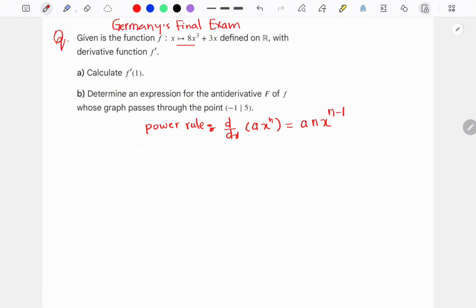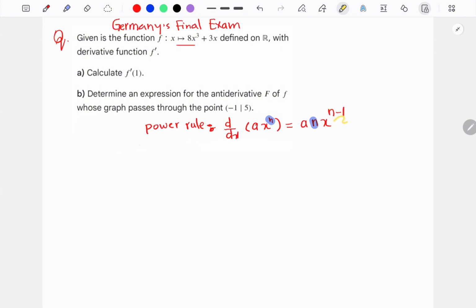So what happened here? You can see the power is dropped and is multiplied with the coefficient which is already given. So a is the coefficient of x here. So the power here is multiplied with the coefficient, and there will be a reduction in the power by 1.